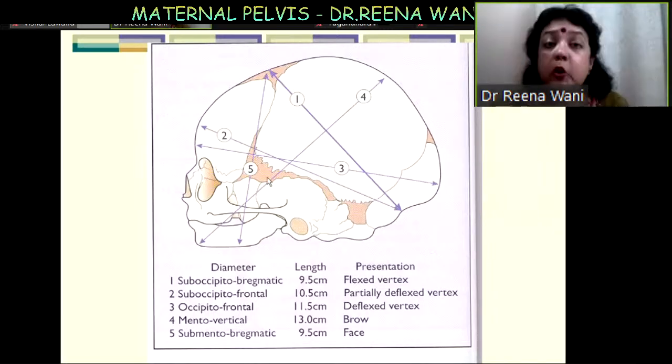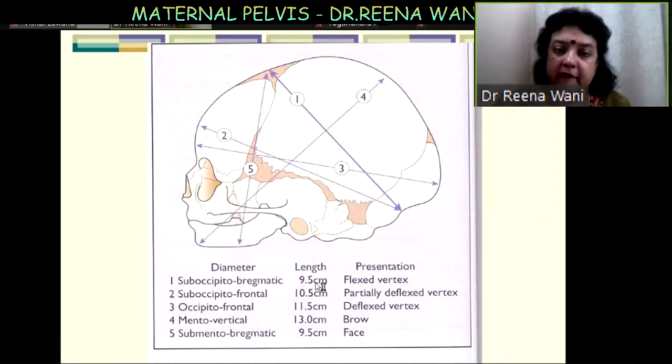So molding is not possible in face, whereas it is possible in a cephalic presentation, which is when the vertex is presenting. So these are the reasons why, although the diameter is the same, submentobregmatic 9.5, suboccipitobregmatic 9.5, normal labor is much easier and better in the well-flexed head.